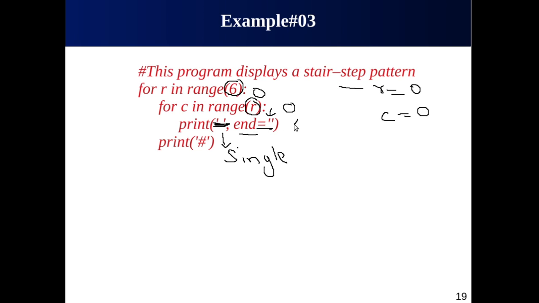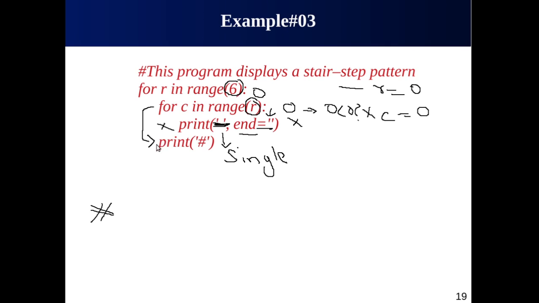So in this case, this statement will not be executed. False. Like this, 0 is less than 0. Once the condition is false, this statement will not be executed. We have to come here. So for the first time, you have to print a hash without any leading space.